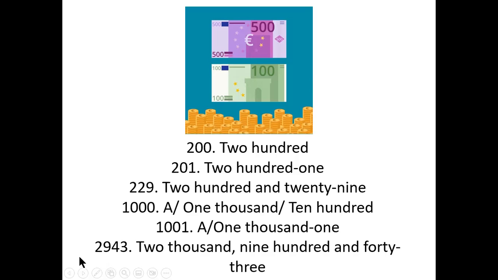Usually they divide it into pairs and read it like this: twenty-nine forty-three. Or you can say the digits one by one, like this: two nine four three. This is also possible, or as you see here, 2,943.